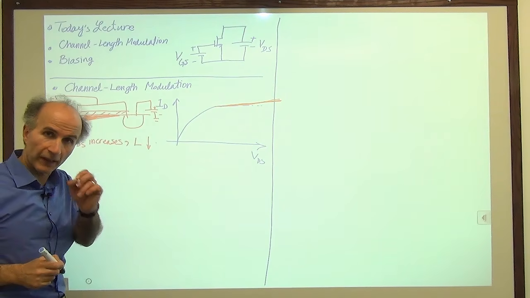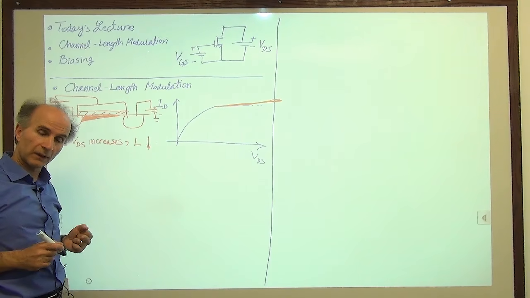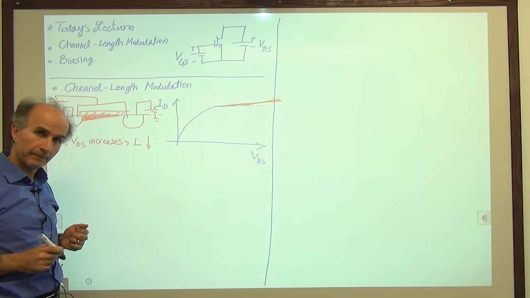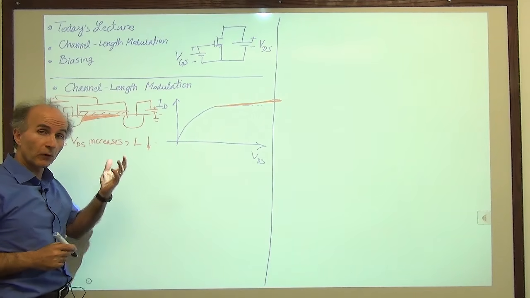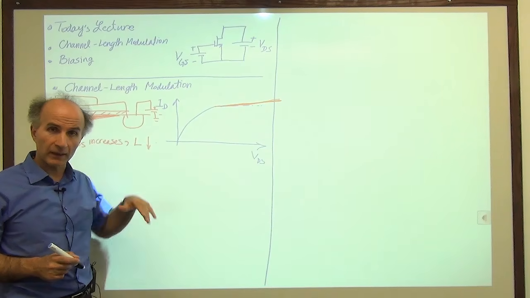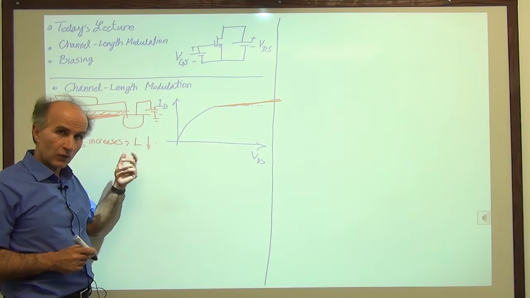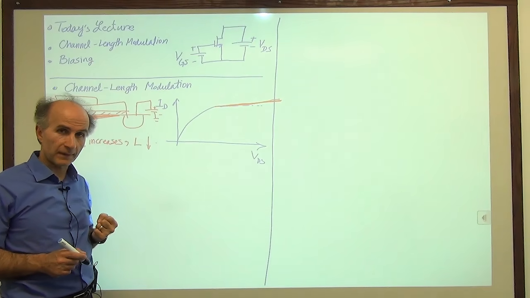The channel length is defined as the length of the channel from here to here, right? The channel length decreases by a small amount. So before we said let's assume it doesn't change, and that's how we got a straight line. But now we are considering that second order effect. So what happens if the channel length decreases?